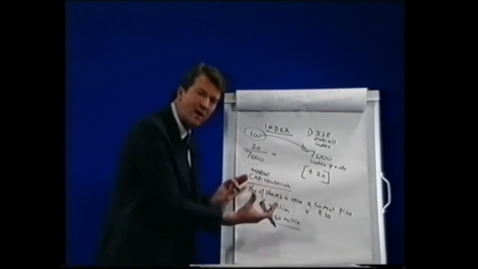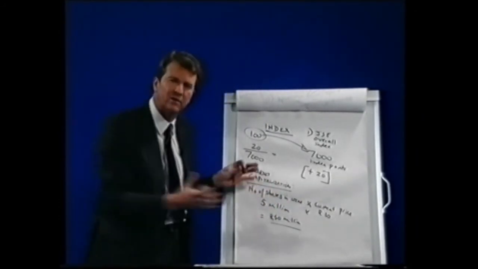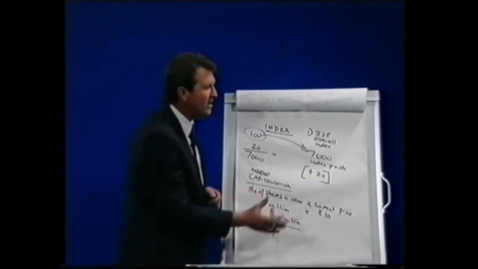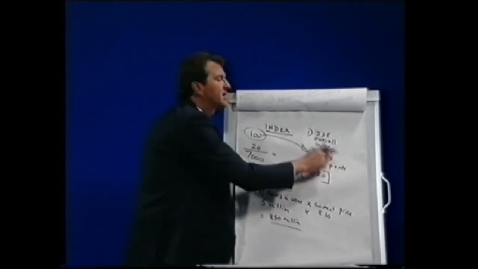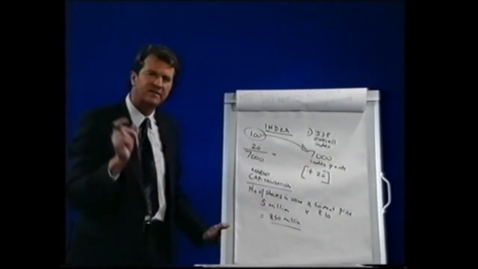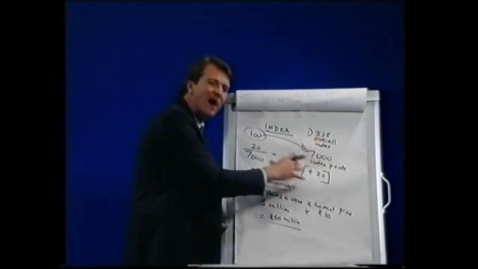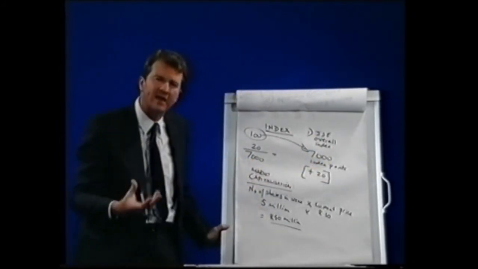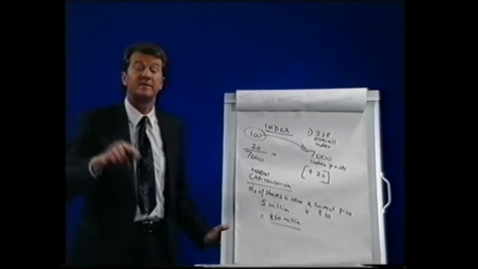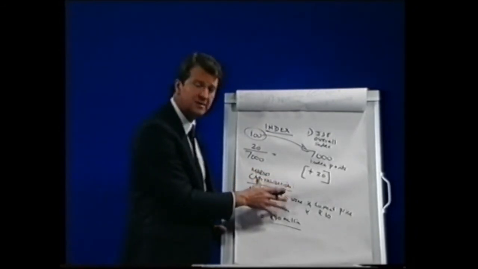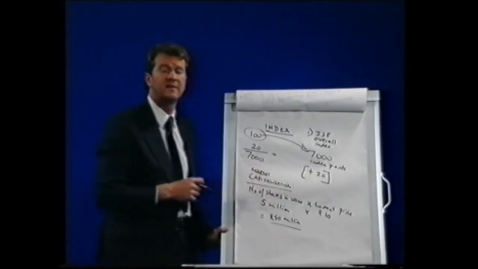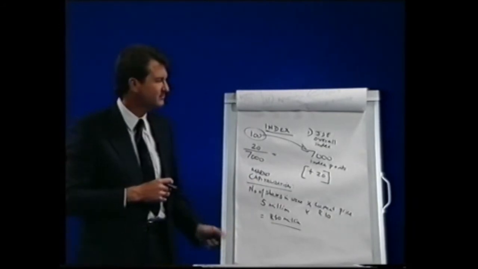Because De Beers is worth twice as much in terms of its existing value than Vaal Reefs is, and therefore it should contribute twice as much to the calculation of that index. So that's why we say that the index is weighted according to the size of the various companies, and the size of those companies is determined according to what is known as their market capitalization.